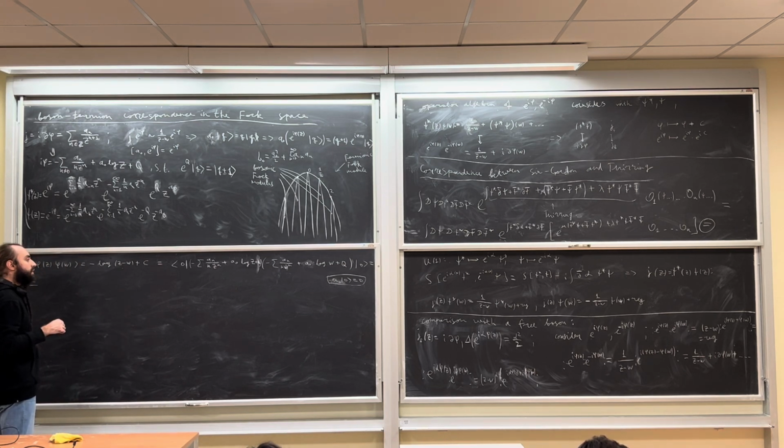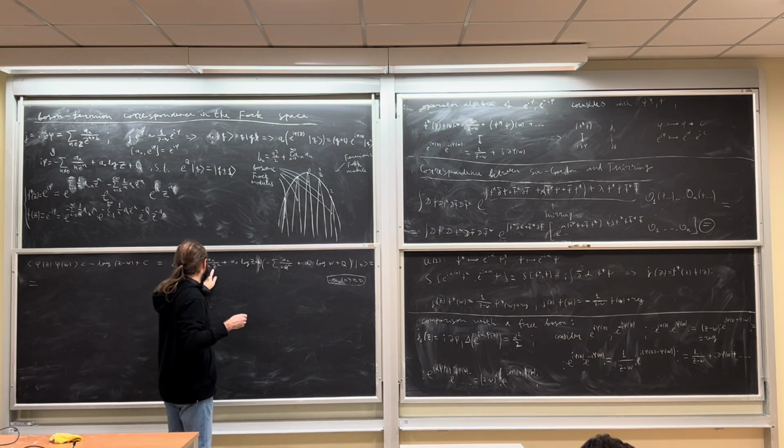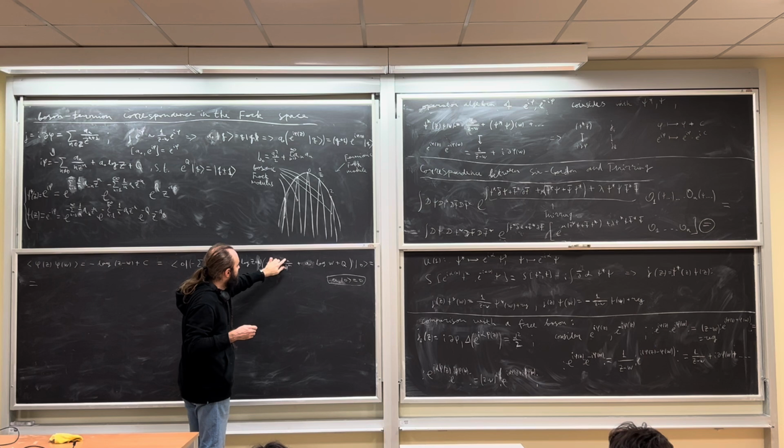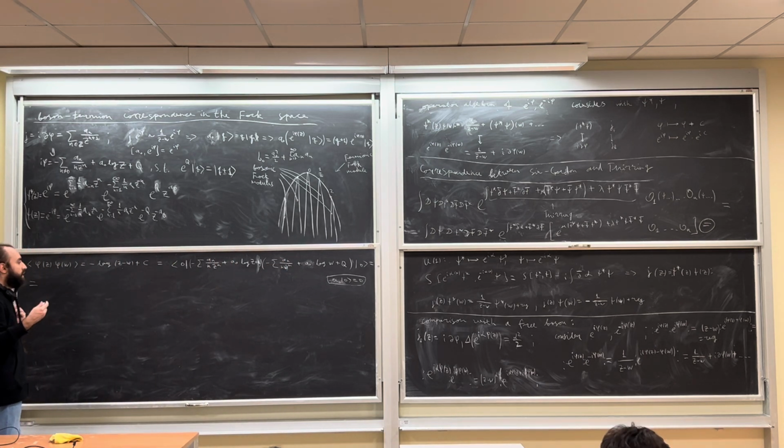So the surviving terms here are these A's which are positive and these A's which are negative, and we can commute them.